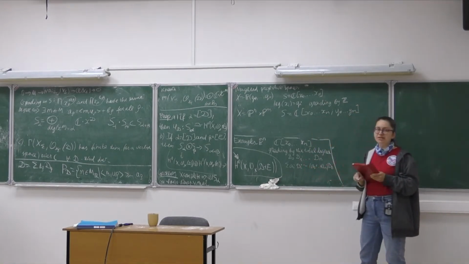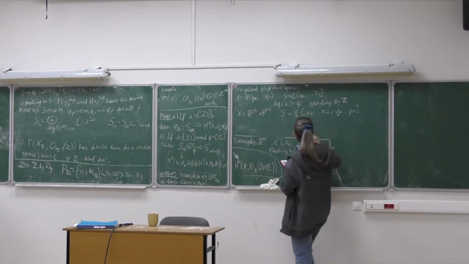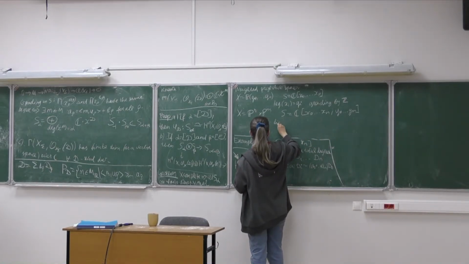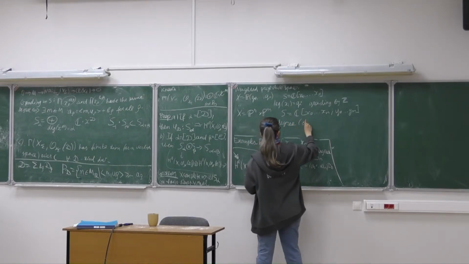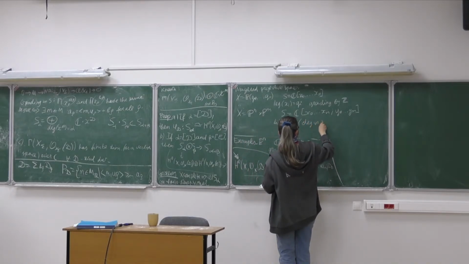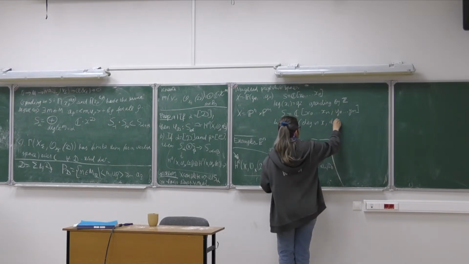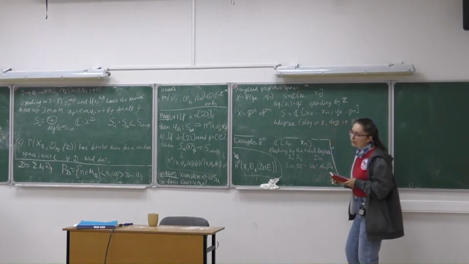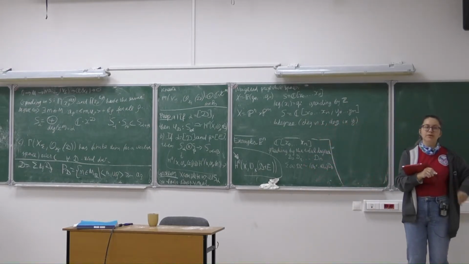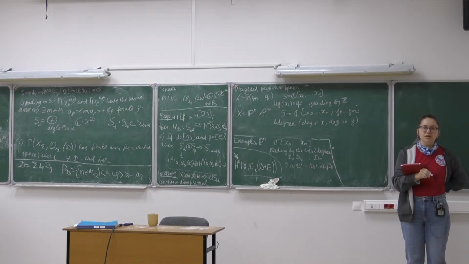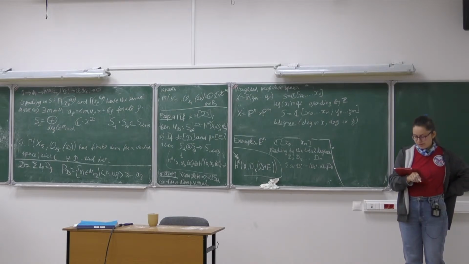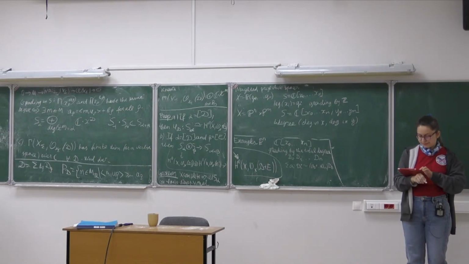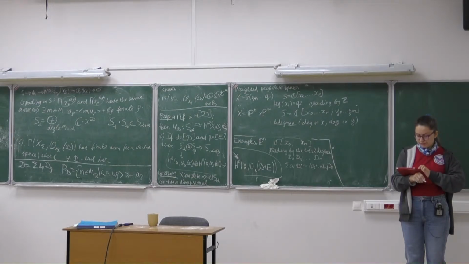And we have the bidegree: degree in x, degree in y. So this will also be a polynomial ring, but with another grading.